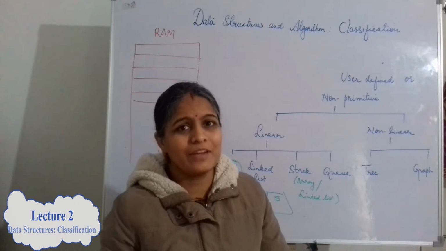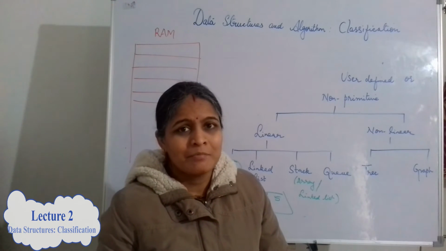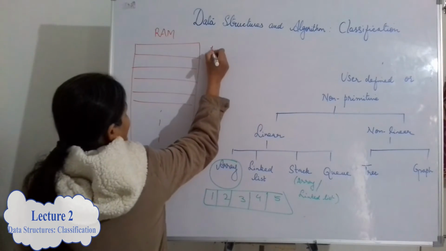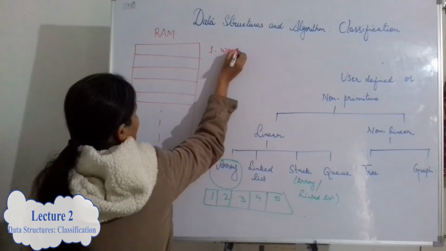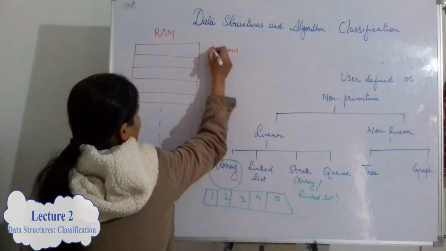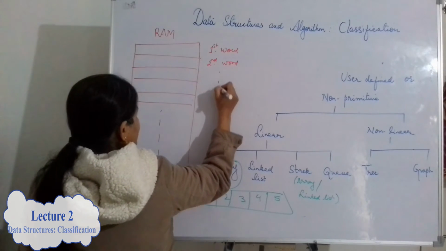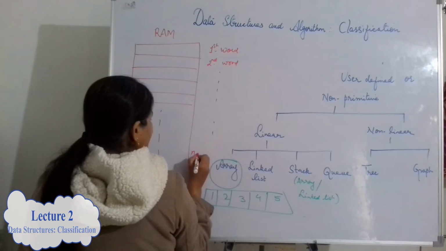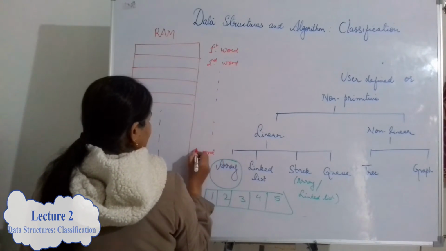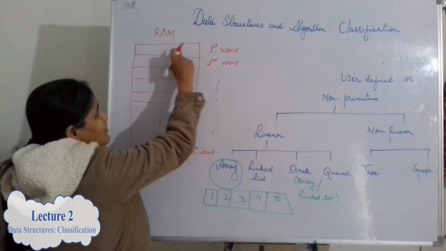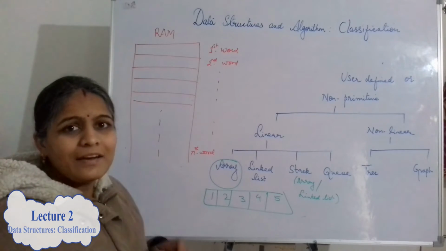In the same way, memory is a collection of words like this. I have written this one word, second word, and similarly there can be n number of words, nth word. Each and every word has a unique address.